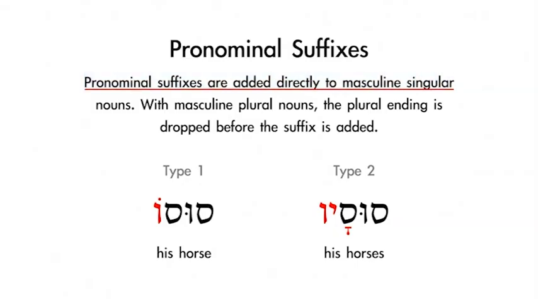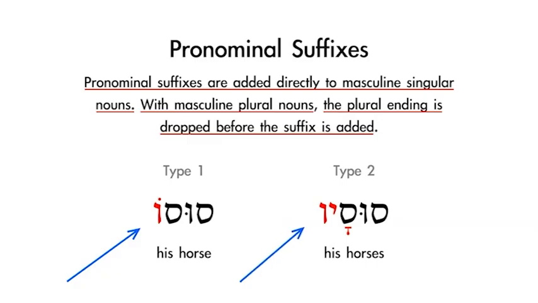Pronominal suffixes are added directly to masculine singular nouns. Nothing is lost when the noun takes the pronominal suffix. With masculine plural nouns, however, the plural ending is dropped before the suffix is added. So you can see in our two examples below, on the left we have suso, his horse, and on the right we have susau, his horses.